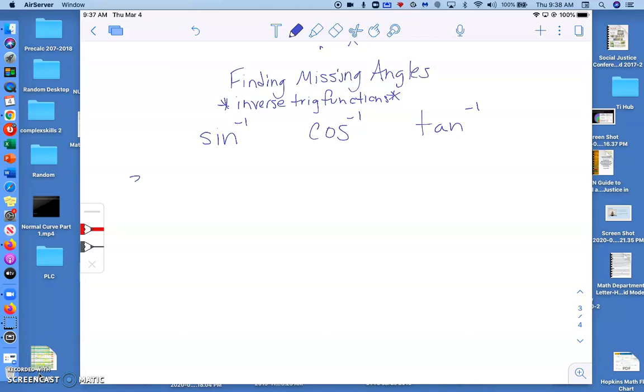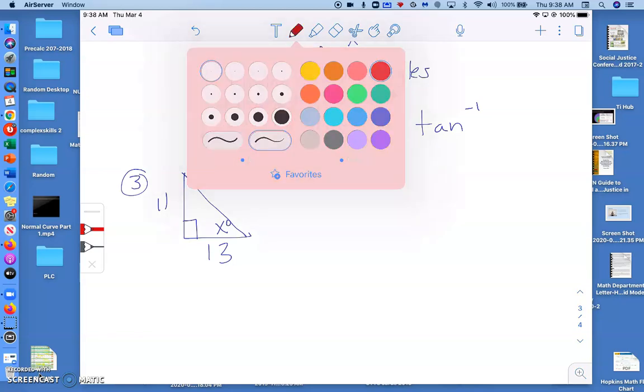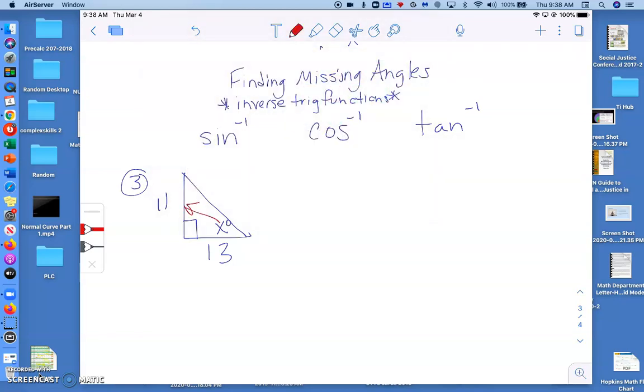Problems where you would use these are like if we had a triangle, and let's say you needed to find x degrees, and you were given 11 and 13. So what trig functions are we given here? Well, if this is x, that's opposite and adjacent.